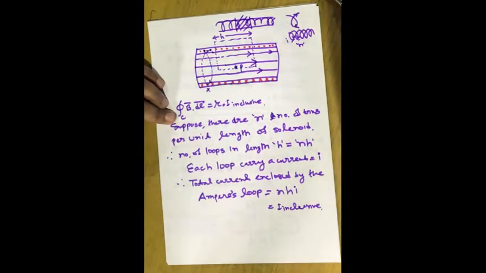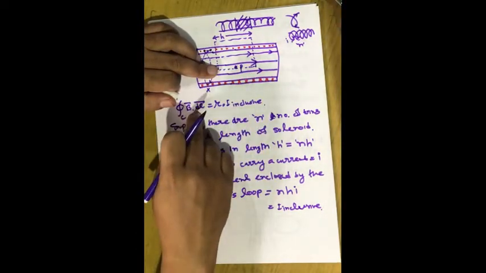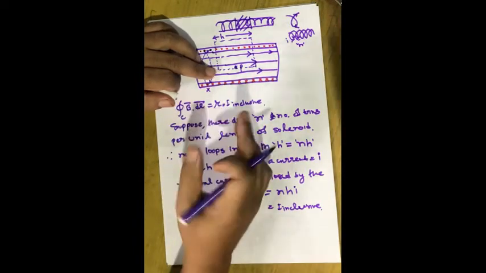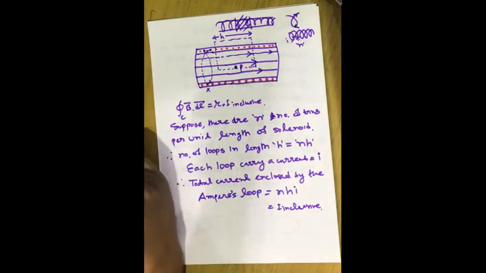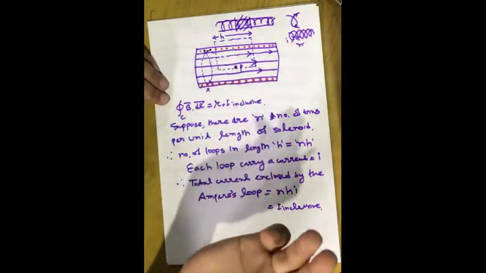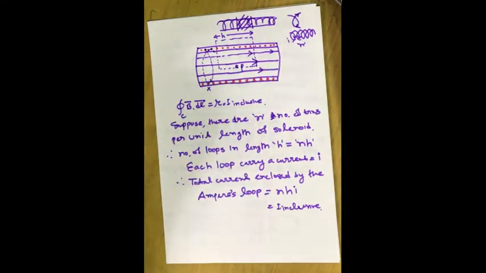Now basically what you have to do is find this line integral of B dot dl, then you can determine the value of the magnetic field. As I have already told you, I am going to do this line integration in the anti-clockwise direction.